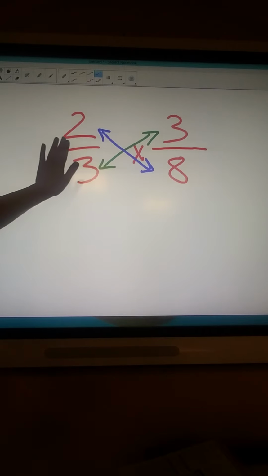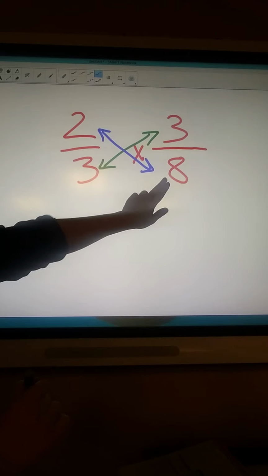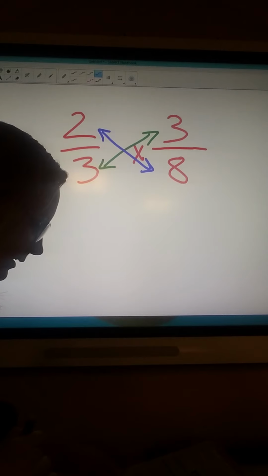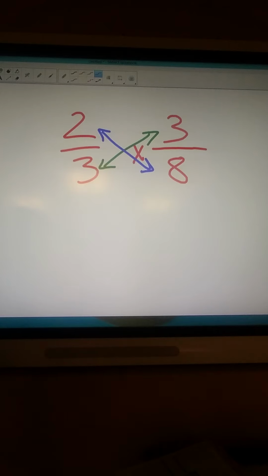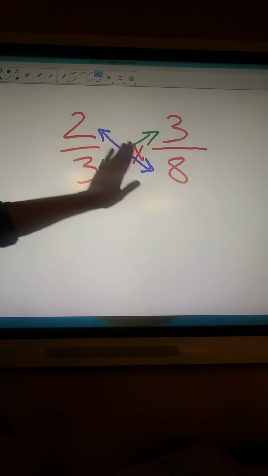So if I'm looking at 2 and I'm looking at 8, what would be the greatest common factor that goes into both of those, right? So we know 1 goes into both 2 and 8, and we know 2 goes into both 2 and 8. Now if I picked something bigger, let's say I picked 8, can 8 go evenly into 2? No, it's too big. But I know that 2 goes into both 2 and 8.